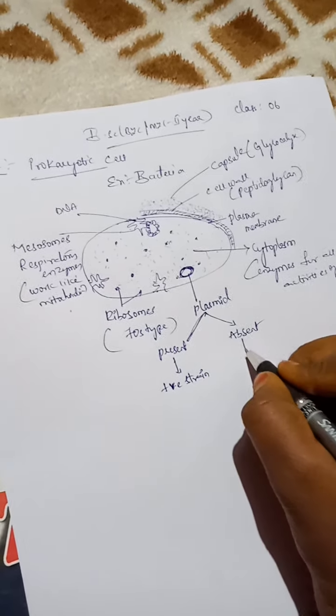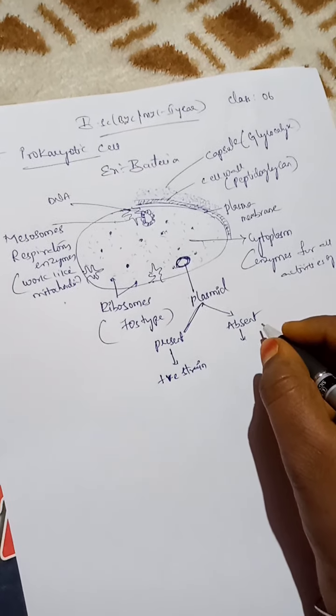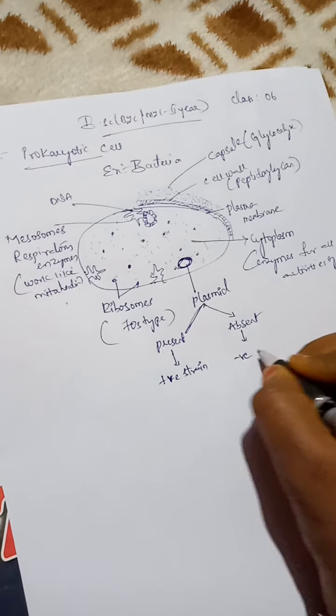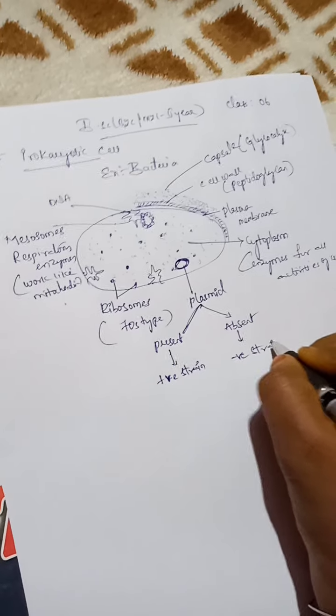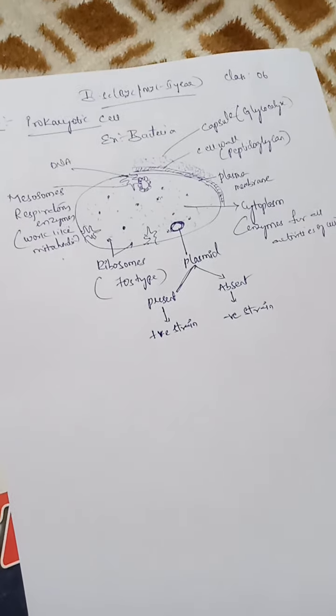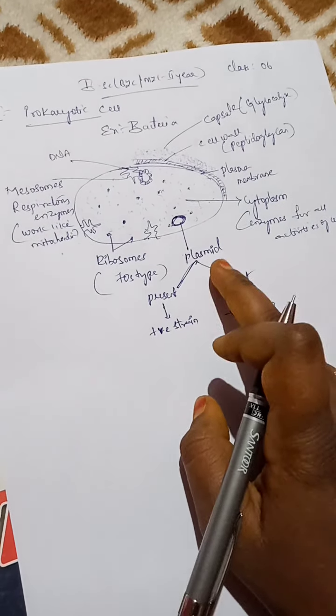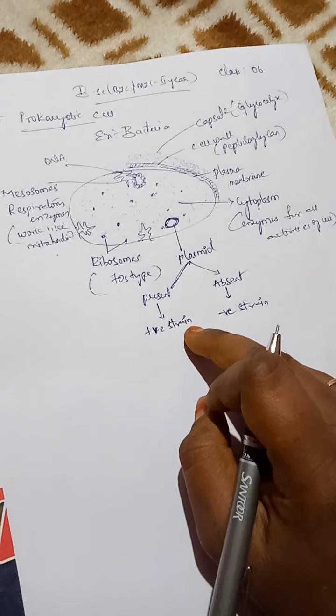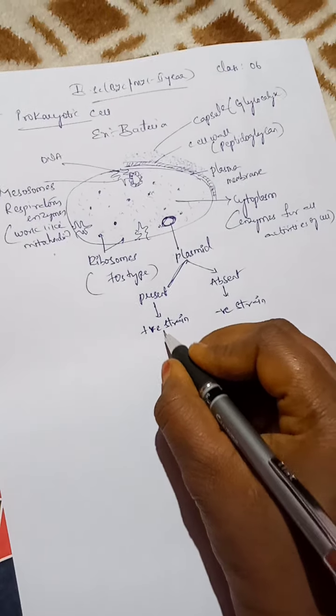If the plasmid is absent in the cell, we can say it is a negative strain. We can also give other terms here: the bacterial cell with plasmid is also called a donor cell.